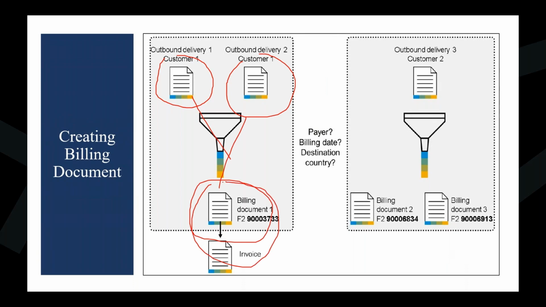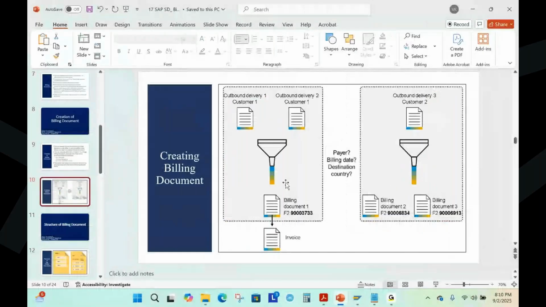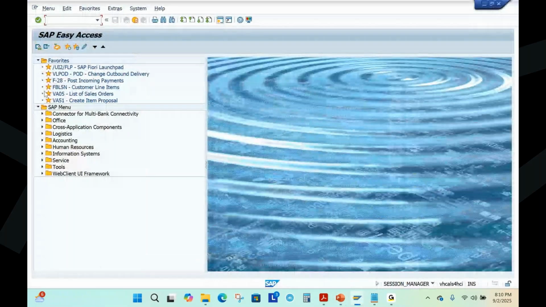That is also possible. You can also split one outbound delivery into two billing documents. I will show you all these things. First we will do a simple invoice document creation, so let's go to the system.